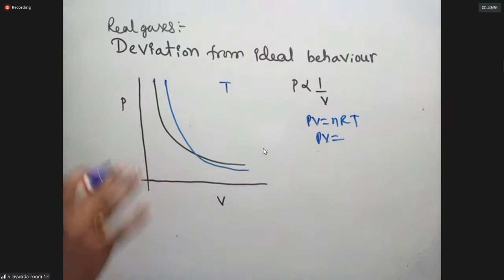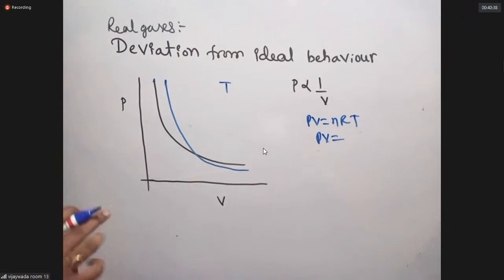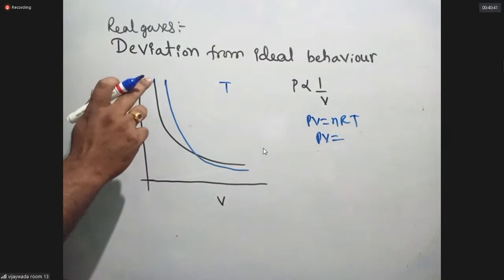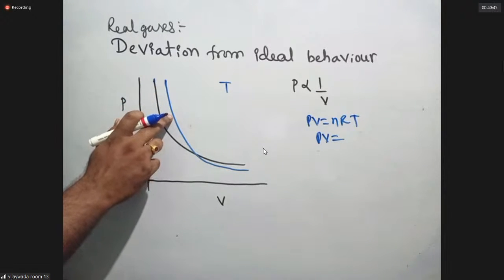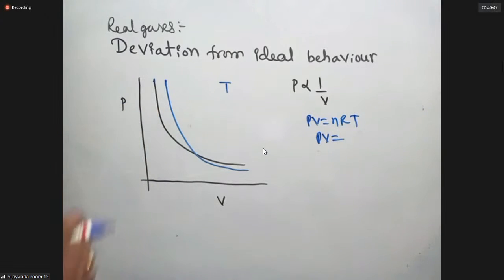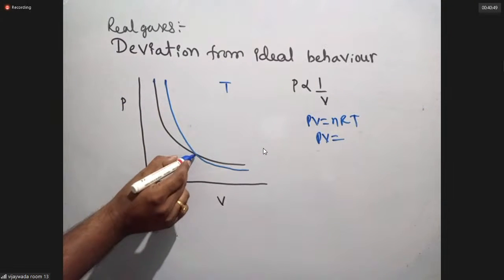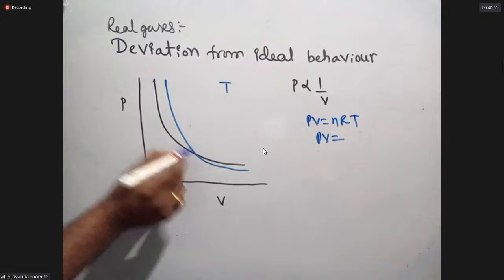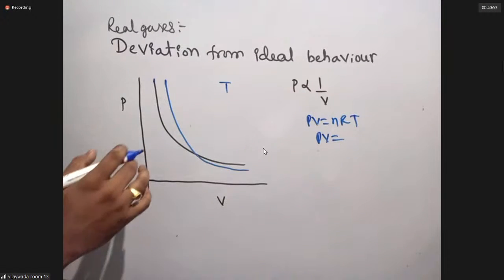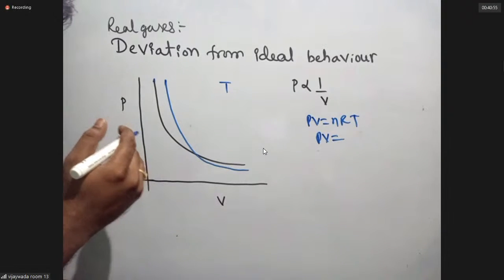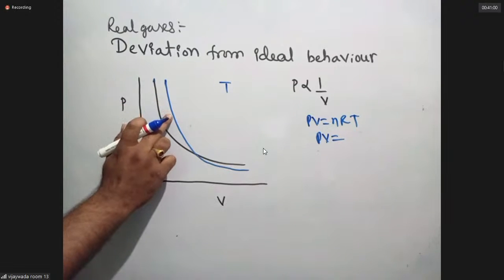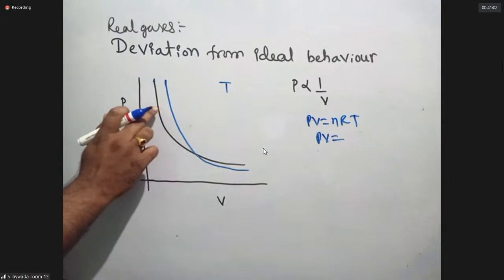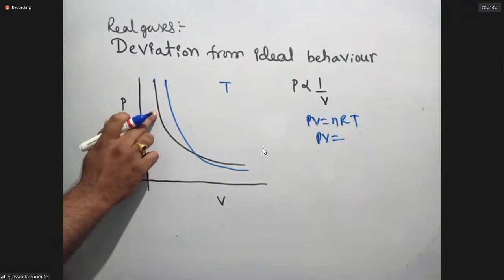See, the curve is the same, but the experimental results do not match the ideal conditions. At some point here, maybe they are very close to each other, but this experimental value does not match the ideal value. What is the reason?